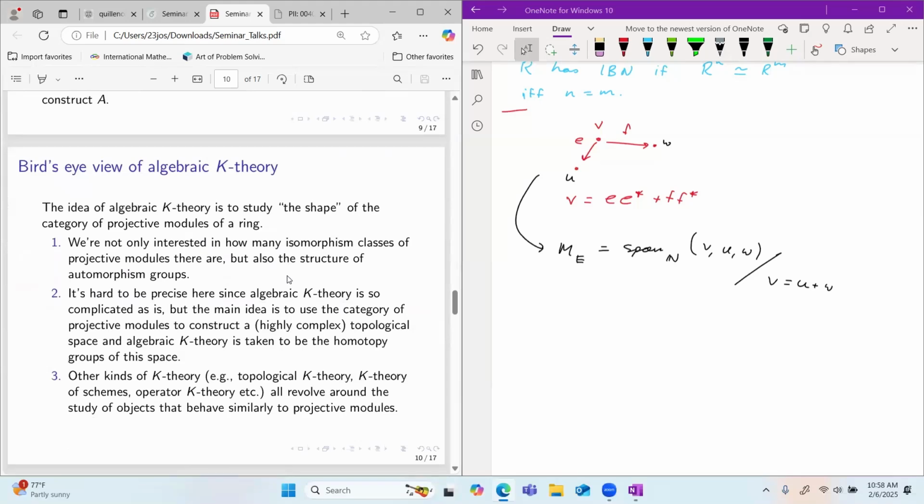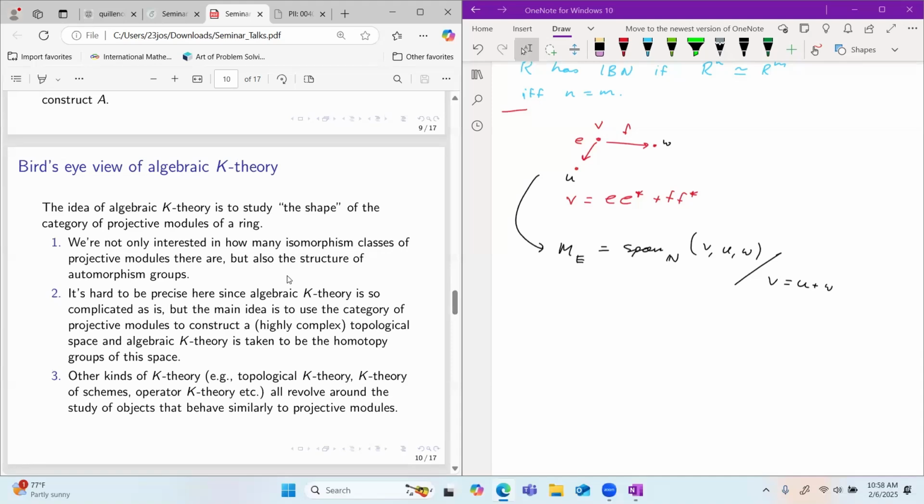So also, I'll say a few things about K-theory, and then we'll get into the non-essential stuff that I find quite interesting. The idea with K-theory is that we're interested in the category of finitely generated projective modules. We're not only interested in what projective modules there are, but also the structure of isomorphisms and automorphism groups in there.